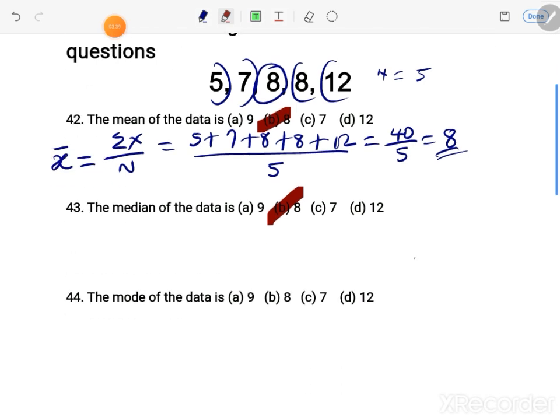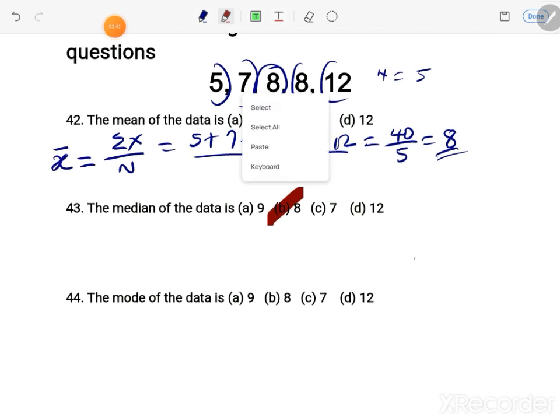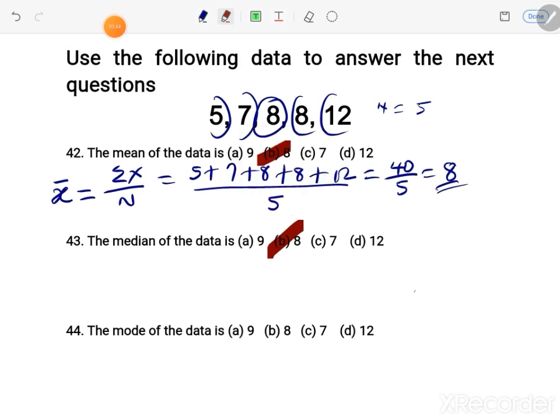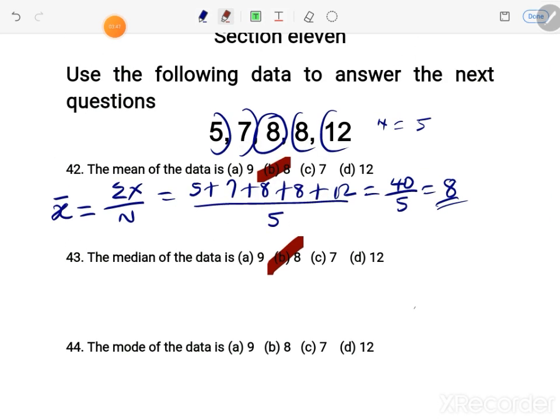Now, the last question there is the mode of the distribution. The mode of a distribution is the score or the number that occurs most frequently in the data set. So we have the data set here.